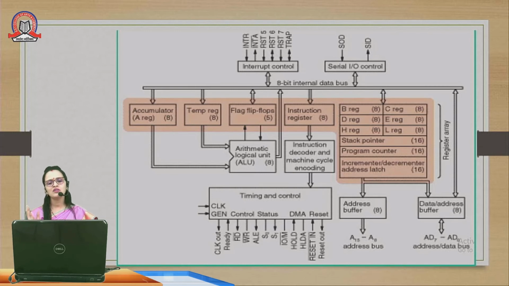Now on the second side we see lots of registers: B, C, D, E, H, L. These registers are 8-bit, but sometimes they join and act as 16-bit data. The stack pointer is already a 16-bit data representation. The program counter is also a 16-bit data representation, and the increment/decrement address latch is 16-bit too. Next, the instruction decoder and machine control are connected with the instruction register.